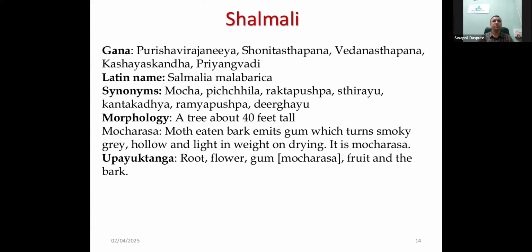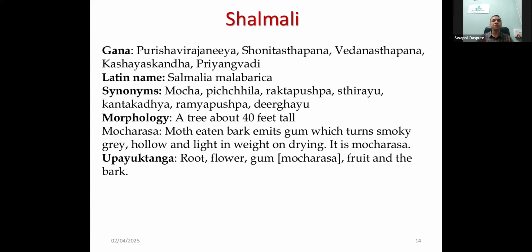Shalmali was my herb for thesis. So I went to a lot of places to see Shalmali and study its morphology and various studies which have been conducted in universities and by other postgraduate students. So it has a very beautiful flower. If you can find it on the internet.